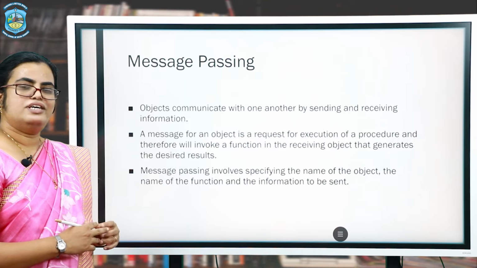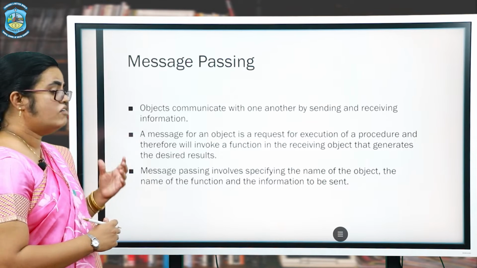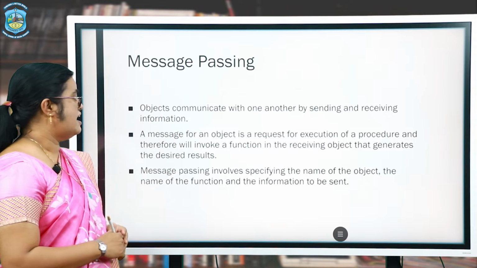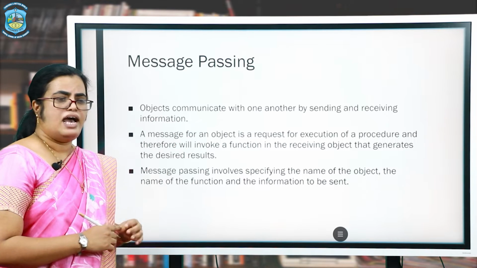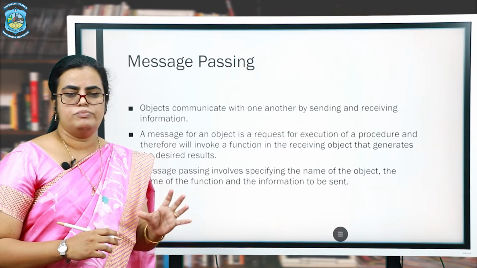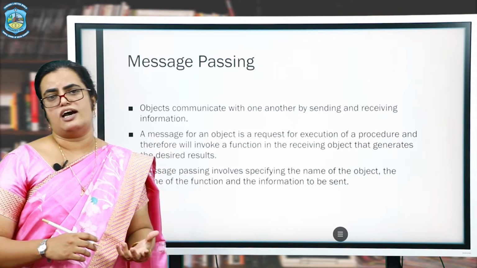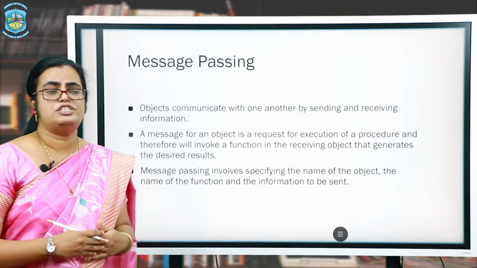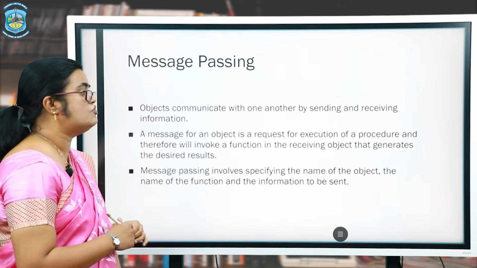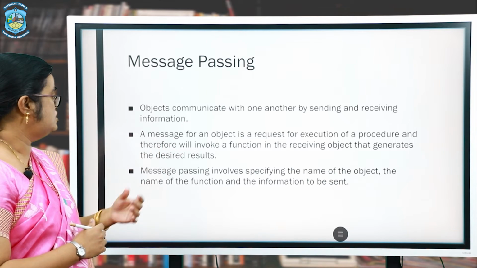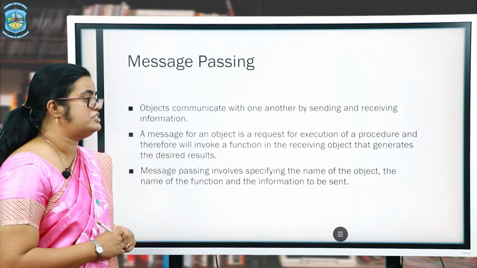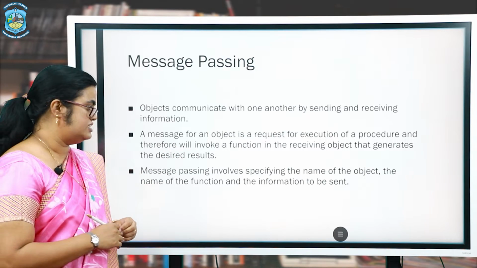So in the object-oriented paradigm, we have objects that are communicating with each other by sending and receiving information. As we all know, in object-oriented programming, we talk about objects being entities of the class. They are going to share information with each other. A message for an object is a request for execution of a procedure, and therefore it will invoke a function in the receiving object that generates the desired results.